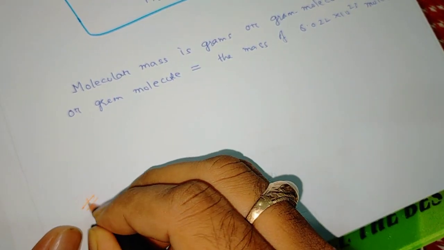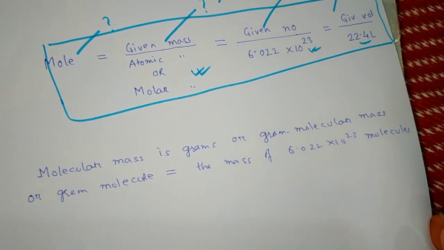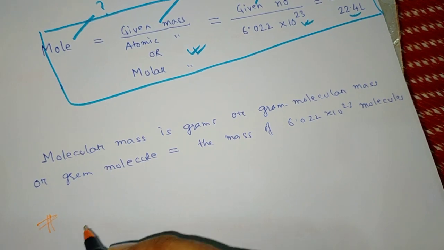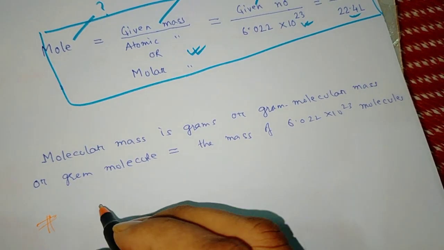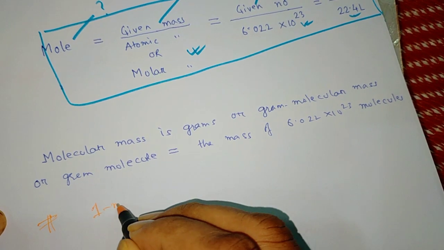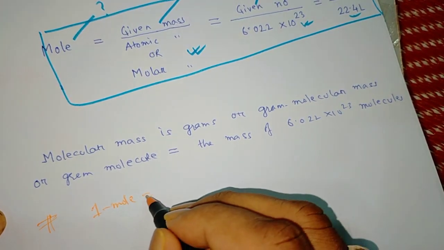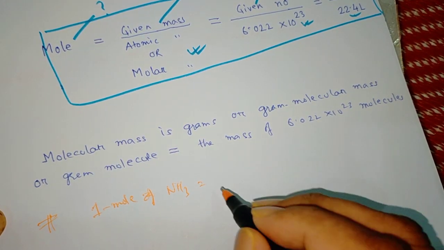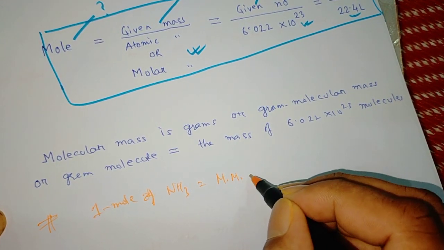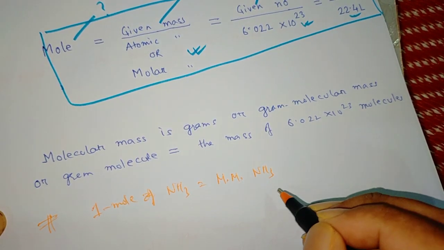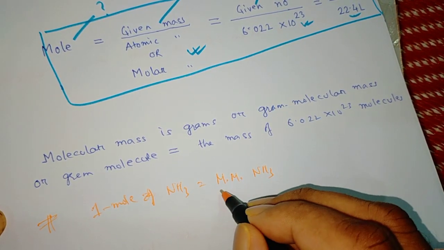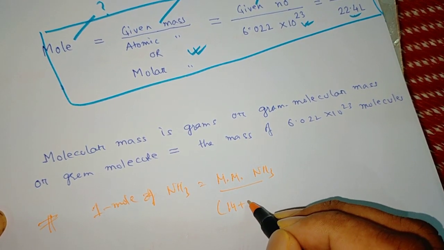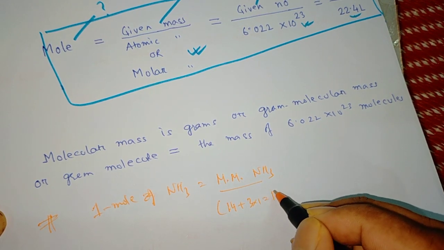You see, if you have considered what is 1 mole, what you have learned, 1 mole of ammonia is equal to molar mass of NH3. So molar mass of NH3 means ammonia, nitrogen is 14 and hydrogen 3 into 1.